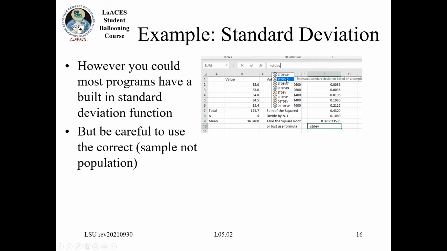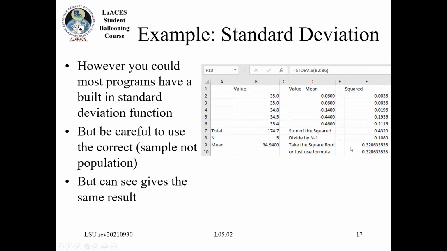As you might be able to guess, that's our population standard deviation and our sample standard deviation. So like I said, you want to be careful and explicit about which standard deviation you are using. And if you click on the help for each of these functions in Excel, it should give you the explicit equation so that you can tell what you are actually calculating if you're not sure.